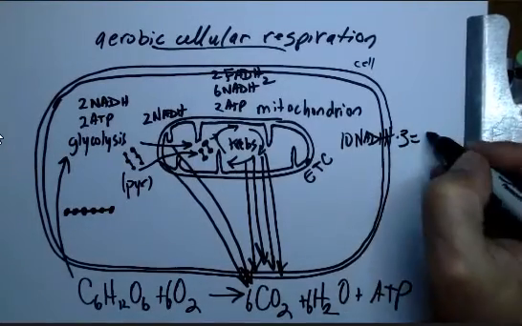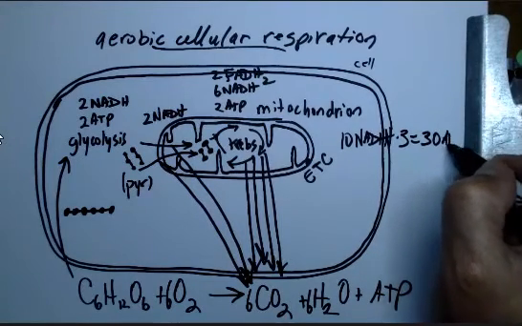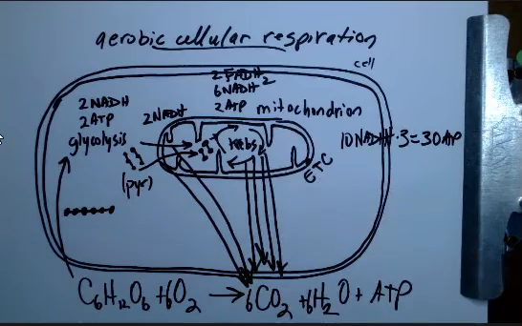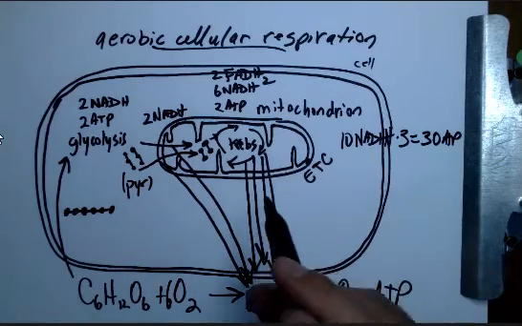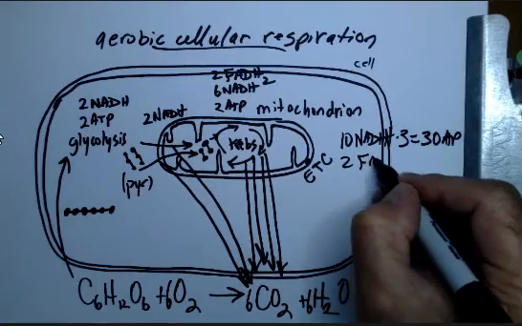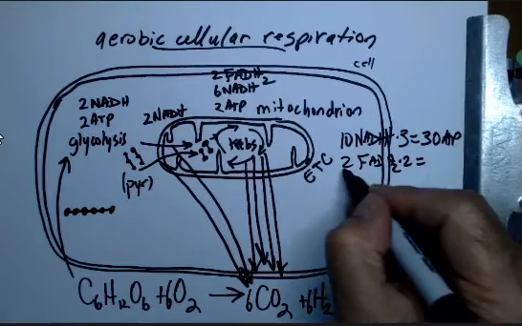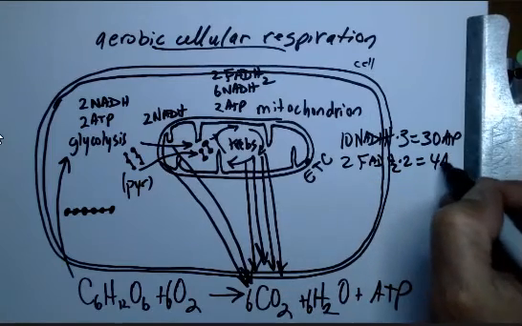If that happens, then 10 times 3 is 30 ATP in this last step right here. The riboflavins, 2 FADH2s, cash in for 2 each. That would be 2 times 2 is 4 ATPs.